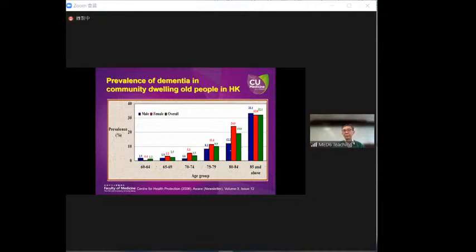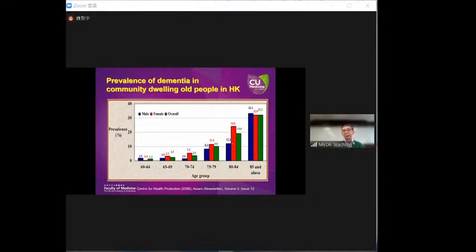What's the major difference between older females and older men around this age group? Well, the answer is education. In this older generation, older women had very little chance of education.